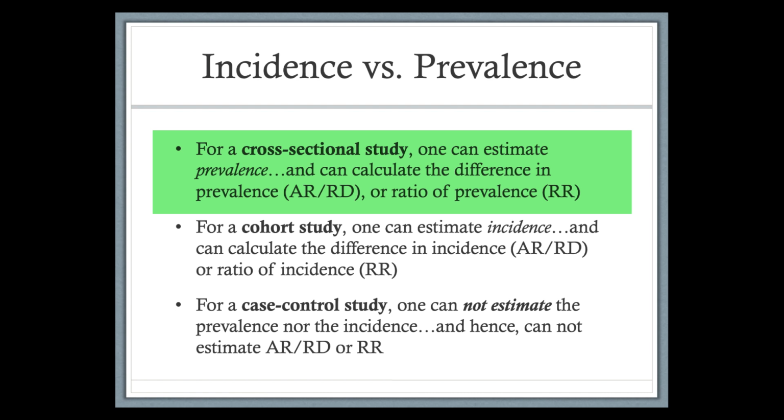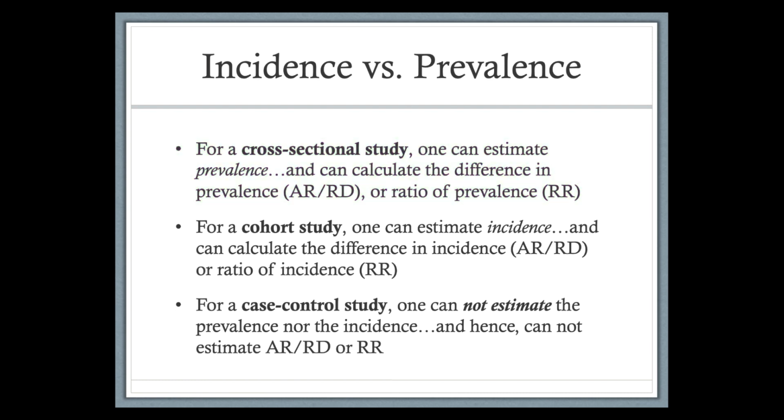Then if we want to calculate the attributable risk, we're going to take the prevalence of the disease for exposed minus the prevalence of the disease for unexposed. Or we can take the ratio of those two. Right? What's the prevalence of disease given you're exposed divided by the prevalence of disease given you're not exposed. Okay, so we can calculate the attributable risk or the risk ratio.